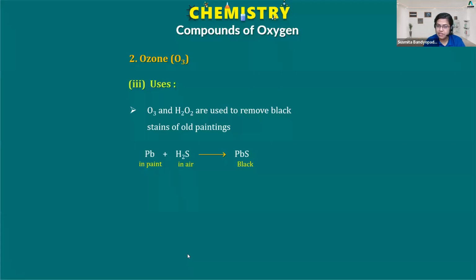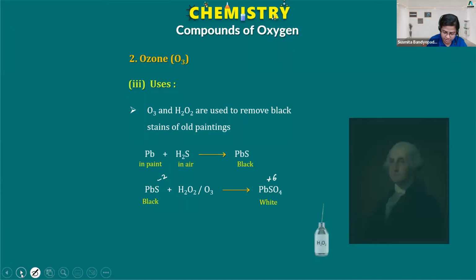For the same reason silver articles get blackened: H2S in the air will combine with silver, and Ag2S, which is formed, is black in color. So now if you want to restore it, treat it with O3 or H2O2, any one of the oxidizing agents, and the black painting will be converted again into white, because PbSO4, which is formed, with this minus 2 and this plus 6, is white in color.